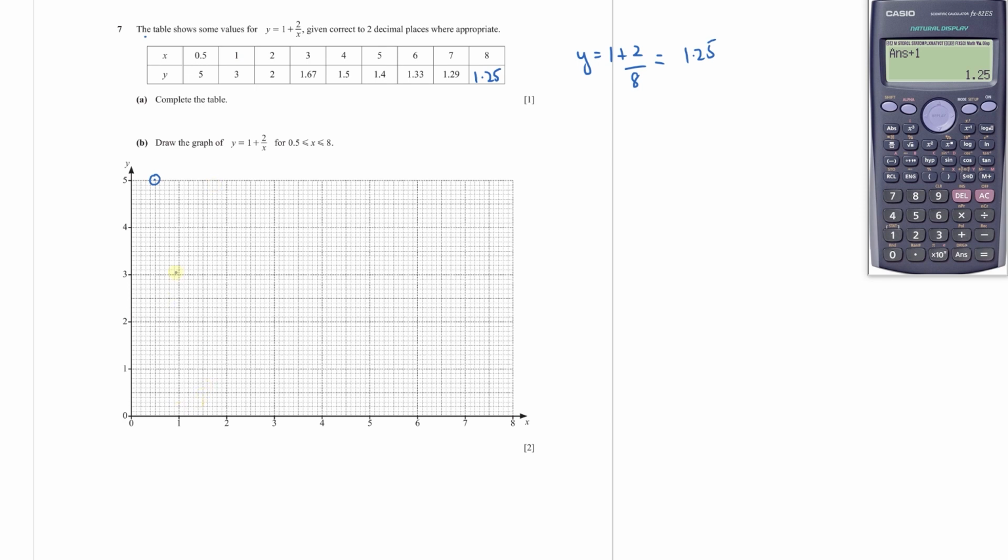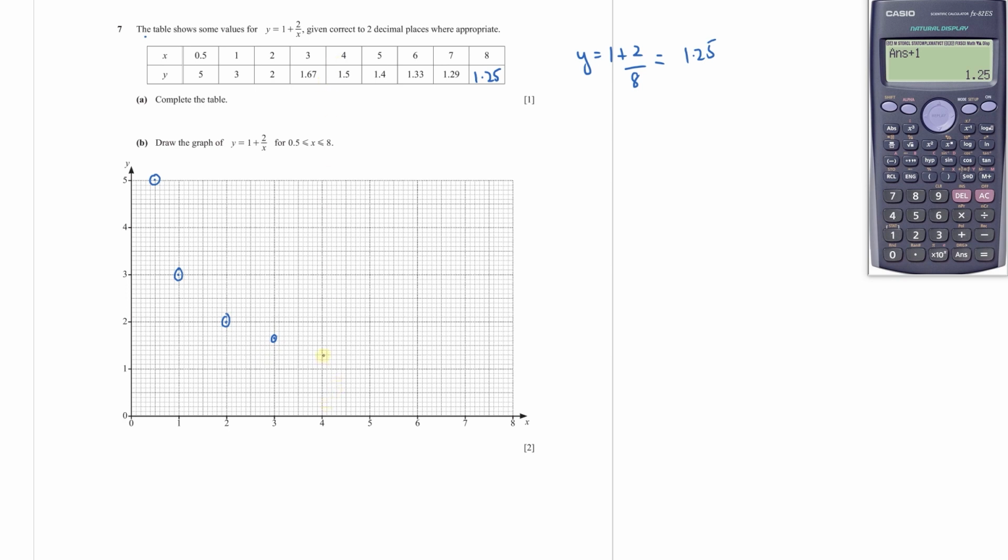Then you have 1 and 3. 1 and 3 will be this one. 2 and 2. 3 and 1.67. This is 1 on the y-axis. This is 1.5, 1.6, 1.7. So it's between 1.6 and 1.7, but more towards 1.7 since the value is 1.67.